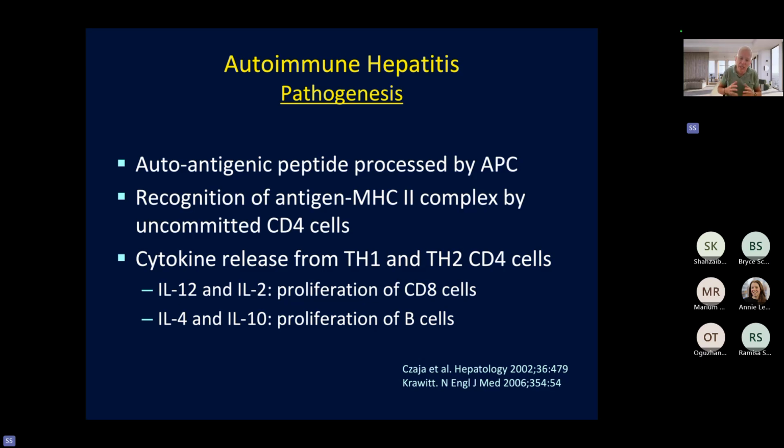This results in a cytokine release from both Th1 and Th2 CD4 cells. And again, this subsequently leads to proliferation of CD8 cells, the same CD8 cells we see in celiac disease, for example, and leads to a proliferation of both B and T cells, which react against self.